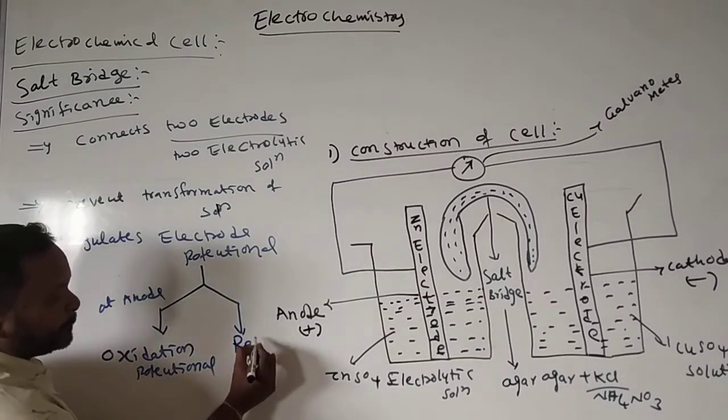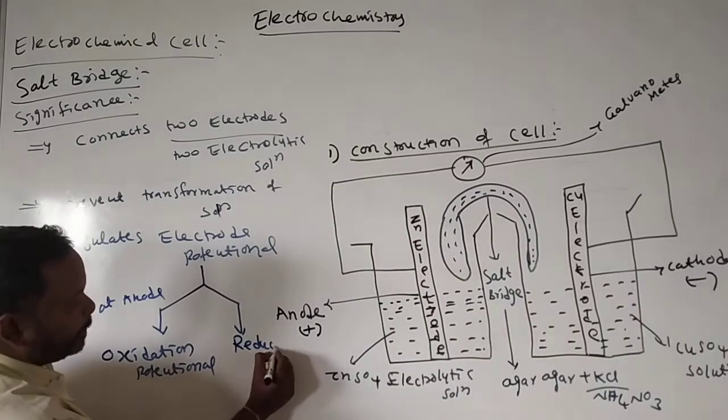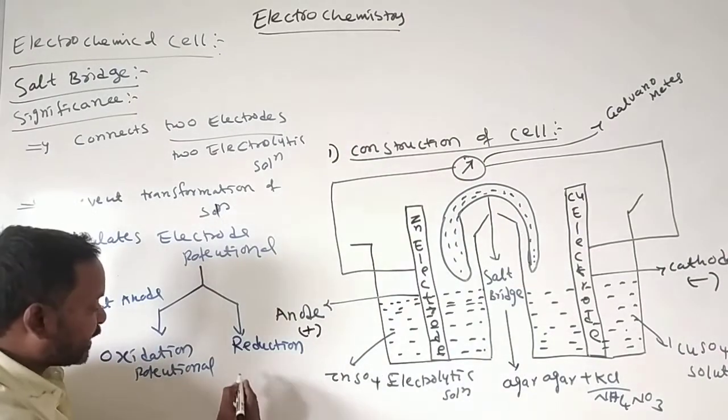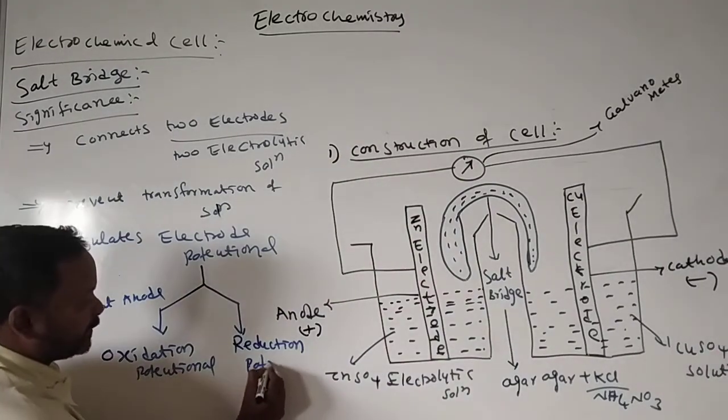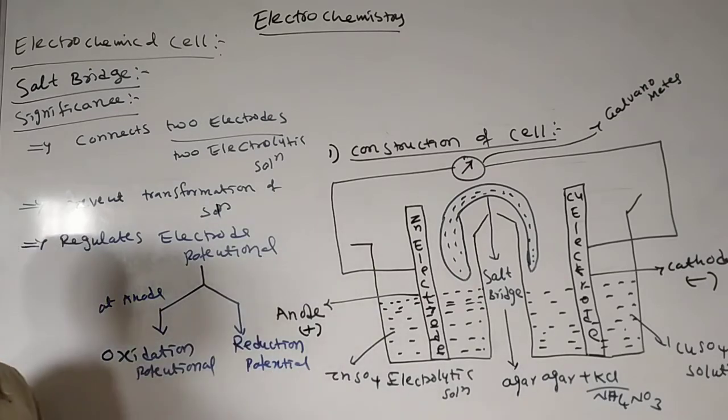One more is there. The potential exerted at the cathode by reduction we call reduction potential.